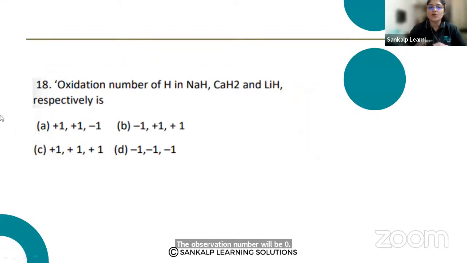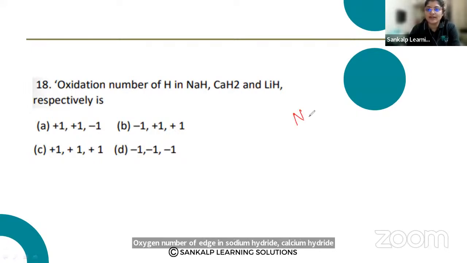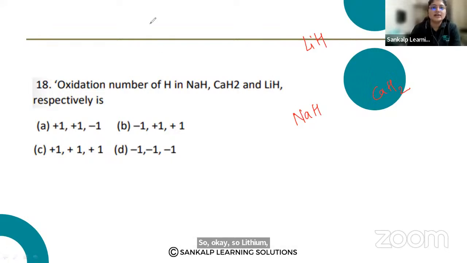Oxidation number of H in sodium hydride, calcium hydride, and lithium hydride respectively is. So we'll find out. Lithium and sodium are alkali metals. What is the oxidation state of alkali metals? It will be +1.